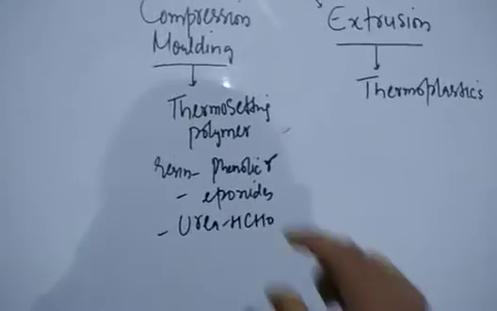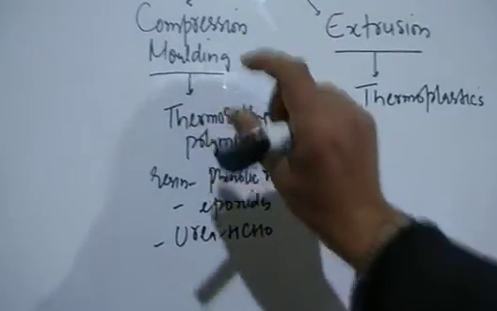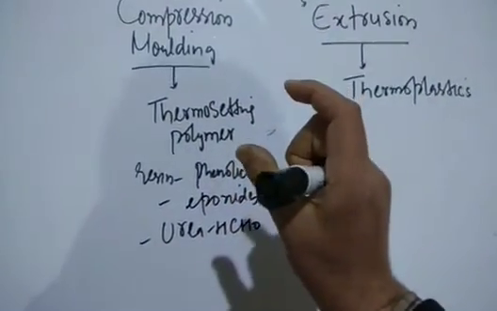So these are a few examples of thermosetting polymers which can be processed through the compression molding method.